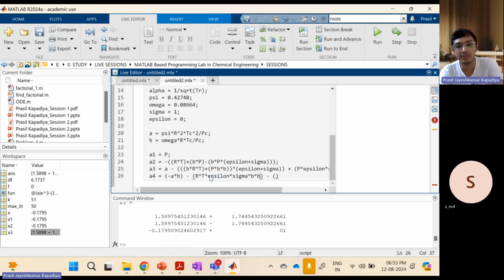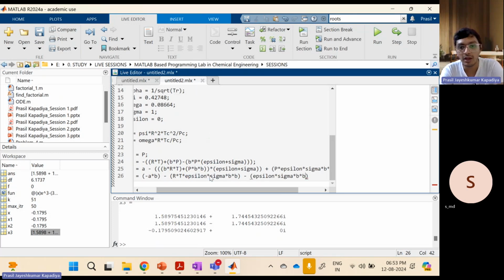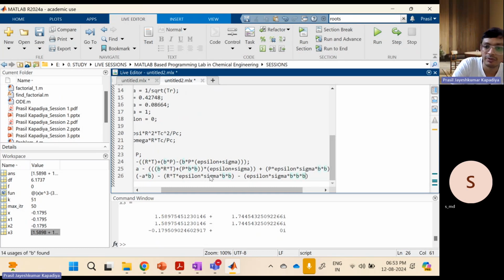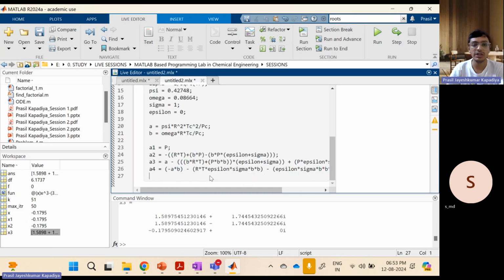I'm copying from here and just adding one multiplication of B. So we have prepared our A1, A2, A3, A4 coefficients.